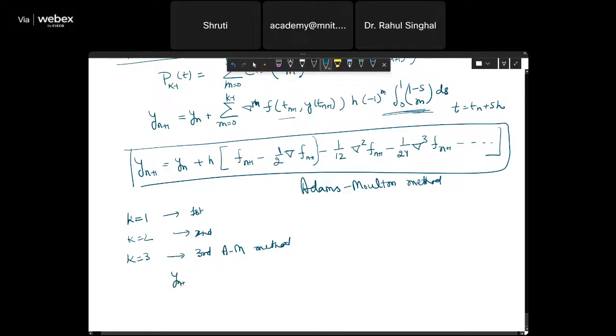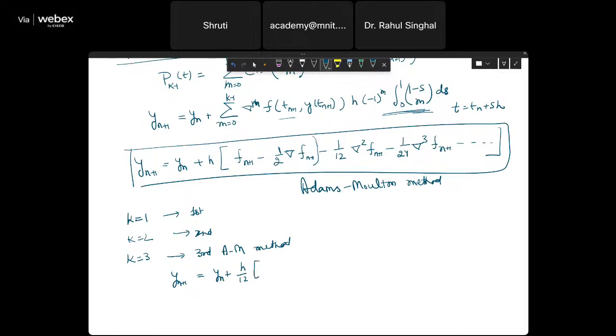And the formula comes out as y n plus 1 equals y n plus h by 12 times 5 f n plus 1 plus 8 f n minus f n minus 1. Okay, so you can see that to get the numerical solution at n plus 1 at this step, we need the approximate solution at steps n and n minus 1. So the two previous steps we need to know. So here n will start from 1, 2, etc. up to n minus 1.